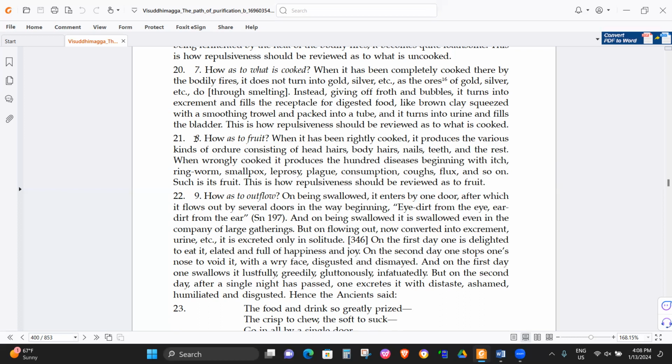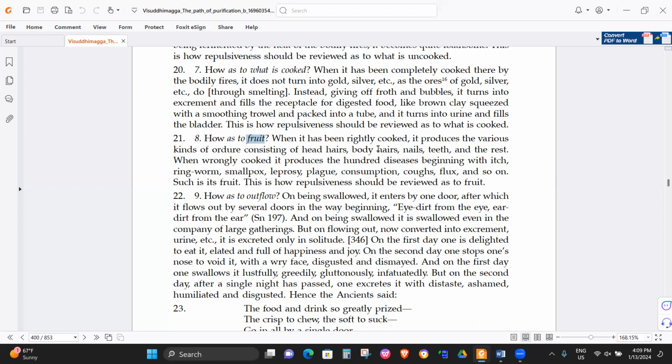Okay, so what kind of knowledge do you get from here about the fruits? What's the meaning of this fruit? Is it the fruit that we eat? No. Then what is the meaning of fruit here? Result, yes. So it's talking about what kind of result it gives. It's not a good result, and people will find it repulsive.